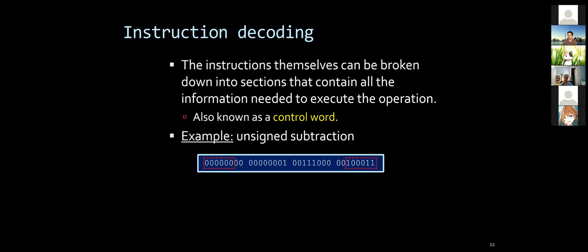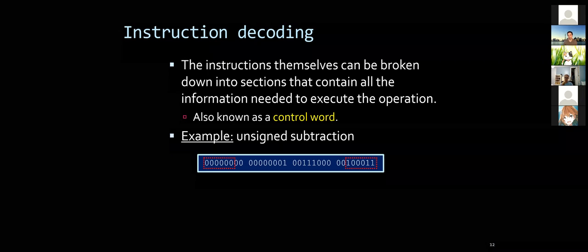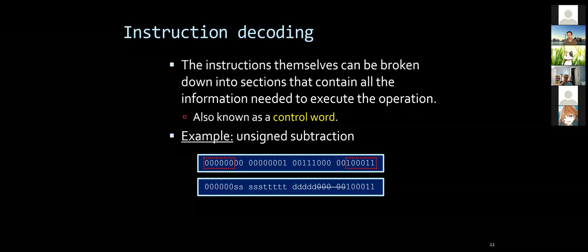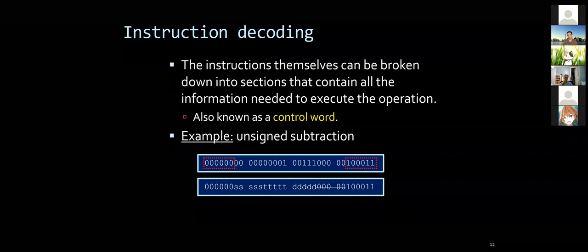Certain parts of it exactly encode what the instruction is going to do. The bits at the beginning, and in this case the bits at the end, tell us exactly what we need to do, and I'll show you how I know this. There are certain bits that are masked out and don't mean anything for this instruction. They store information about registers to use, but other bits are used for something meaningful.